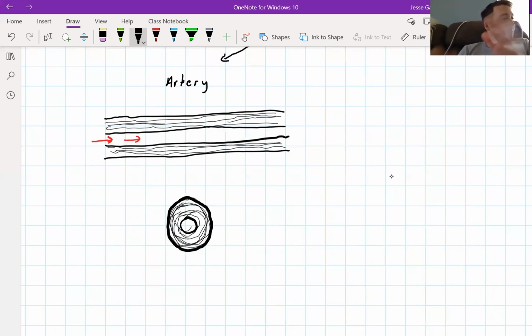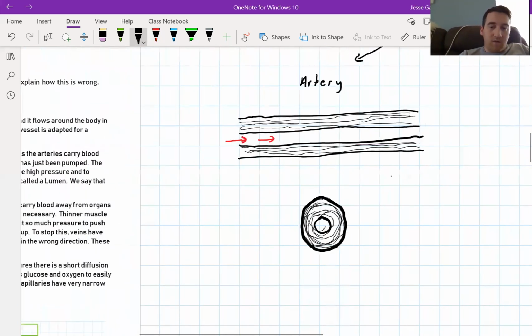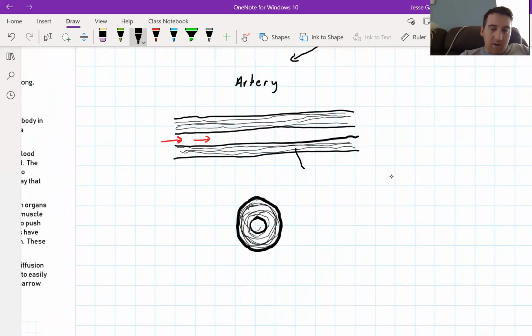All right. Now, it's very important to note that the arteries have a very thick layer of muscle on the wall. So thick muscle wall, sorry, is what we're labeling here. So this here shows a thick muscle wall. And the reason why the muscle wall has to be so thick here is because arteries carry blood away from the heart.